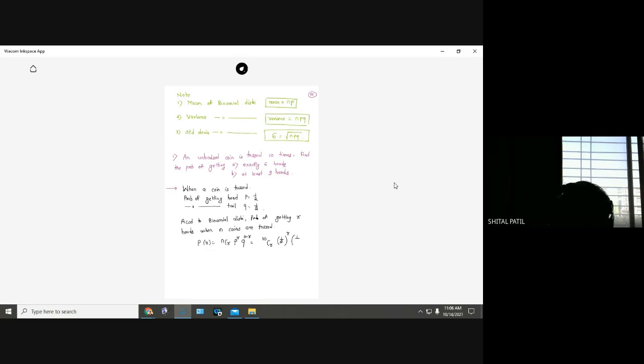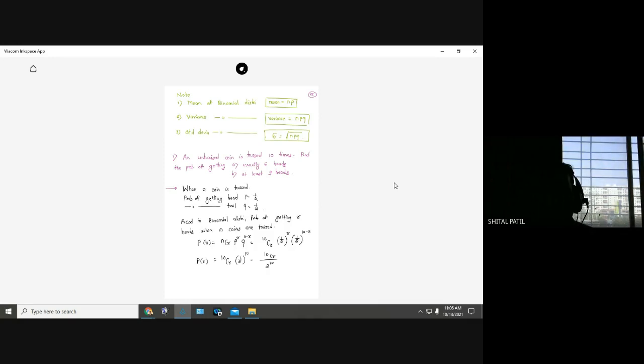Q is known to us. Fortunately, we can simplify this. 1/2 raised to 10, isn't it? This is probability of R heads.